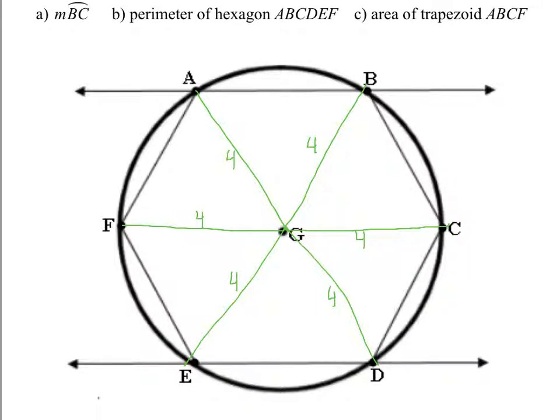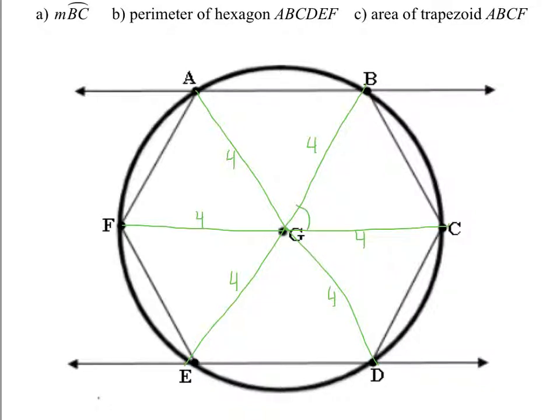We first want to find arc BC. The other thing that's special about a regular hexagon or any regular figure is that all of these central angles right here are going to be congruent as well.